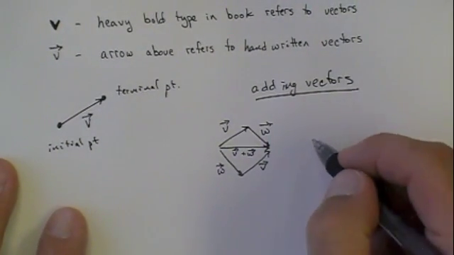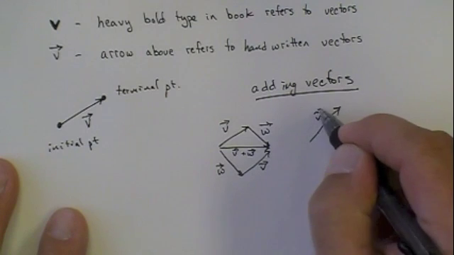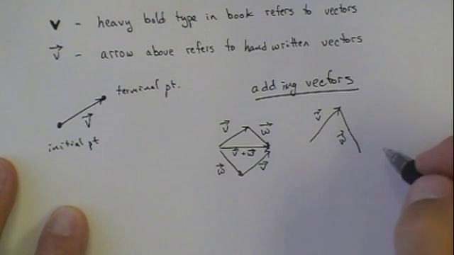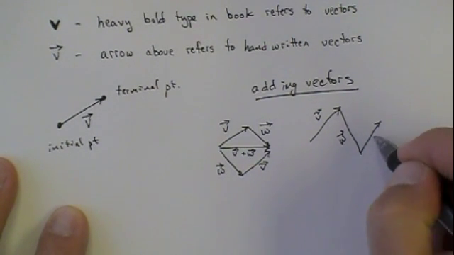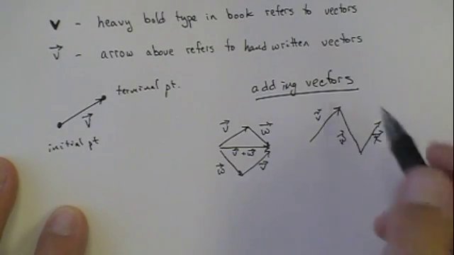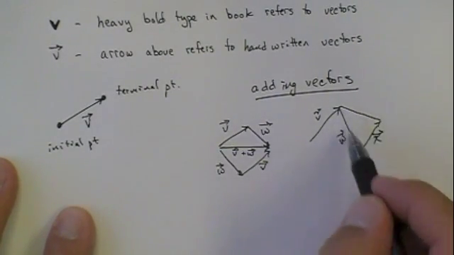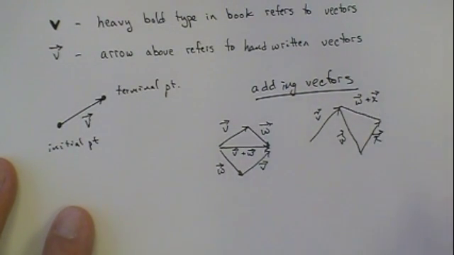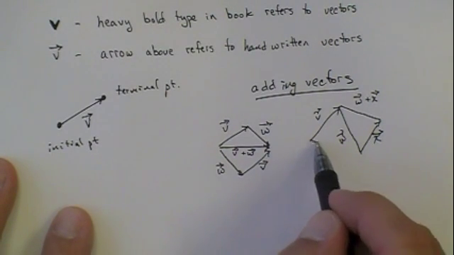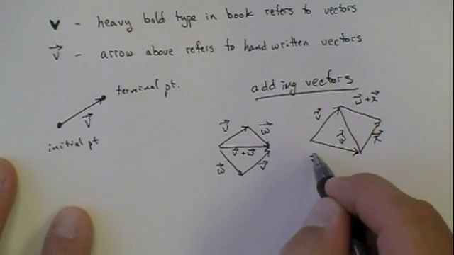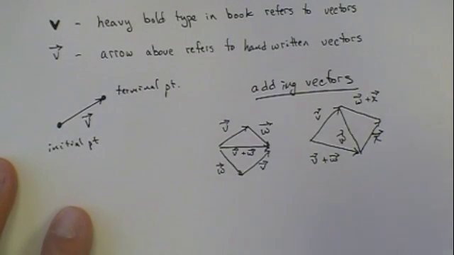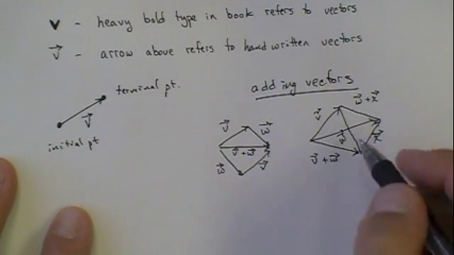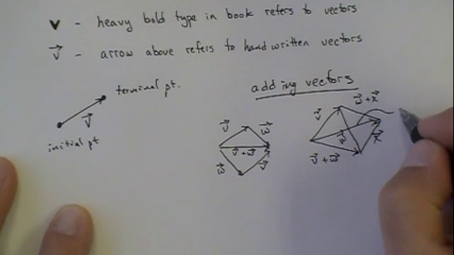Associative property, if we have vector v and vector w and vector x, then we would know coming across here would be w plus x, and coming across this direction would be v plus w, and our resulting vector from here to here is going to be the same regardless of how we go, and that would be v plus w plus x.